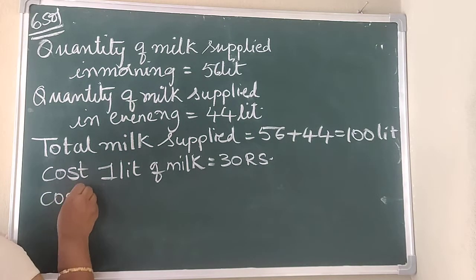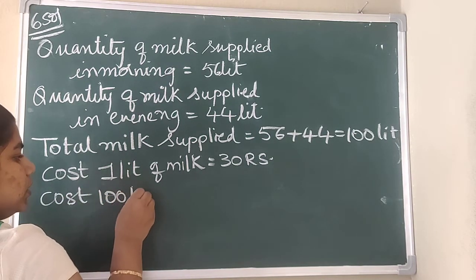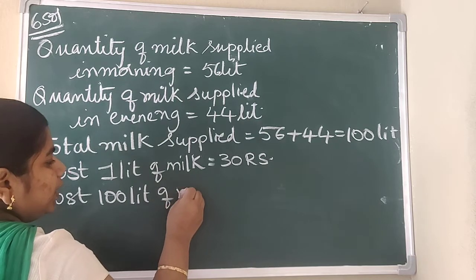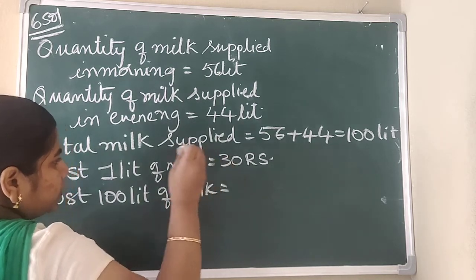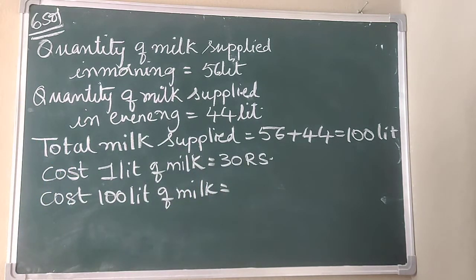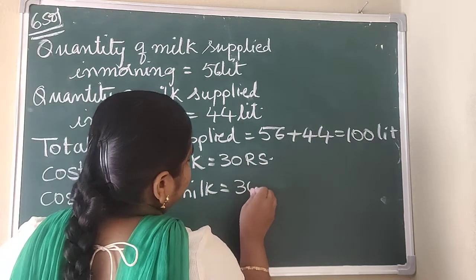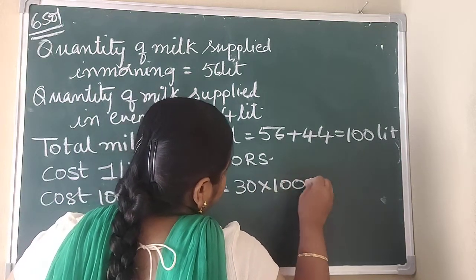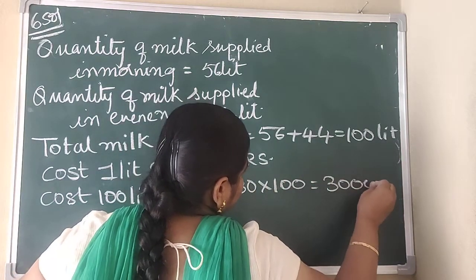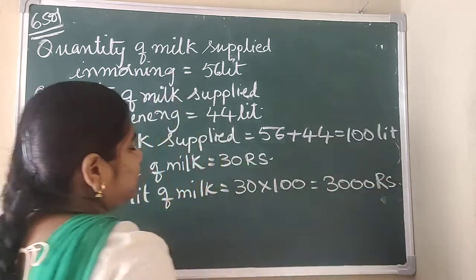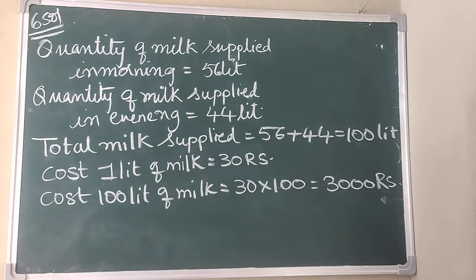So the cost of 100 liters of milk is 30 into 100, which is equal to 3000 rupees. That means daily he is getting 3000 rupees for milk.